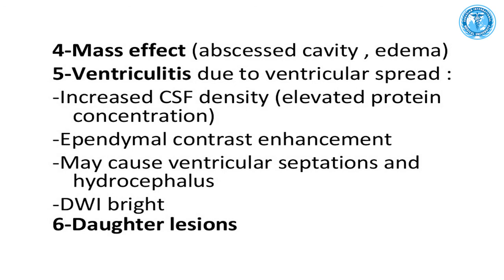Also seen are mass effect, abscess cavity, edema, and ventriculitis due to ventricular spread, with increased cerebrospinal fluid density, elevated protein concentration, and ependymal contrast enhancement, which may cause ventricular septation and hydrocephalus.